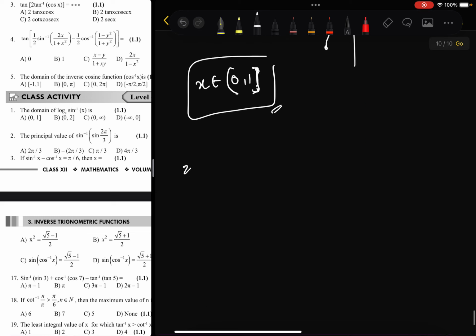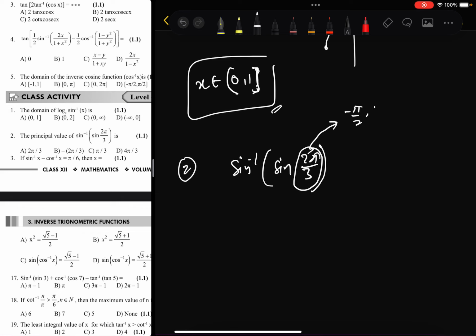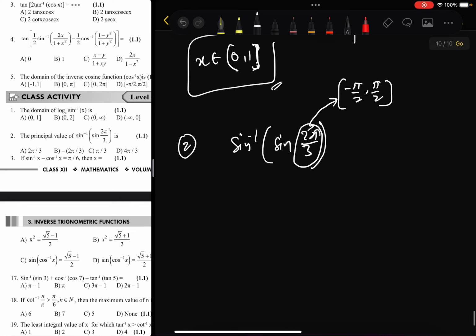Now the second question, principal value of sine inverse of sine 2 pi by 3. This is directly based on the formula. The angle should lie between minus pi by 2 and pi by 2, but it is not lying in this interval, so you can manipulate it.